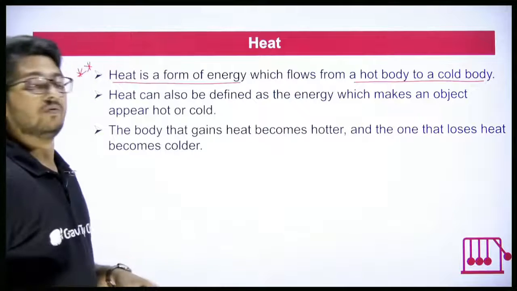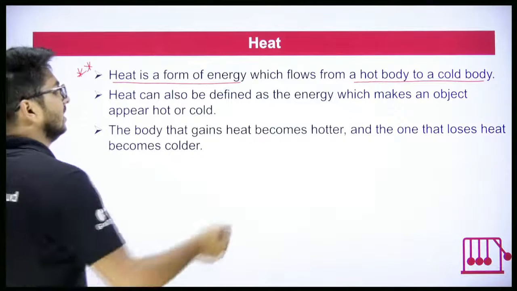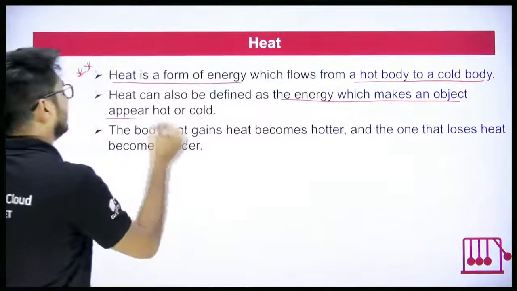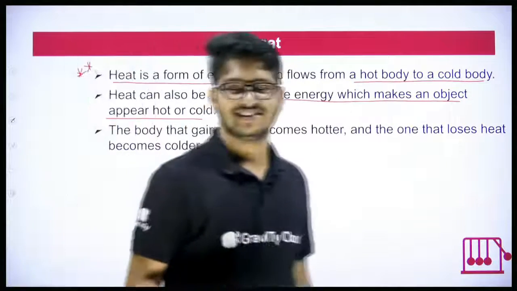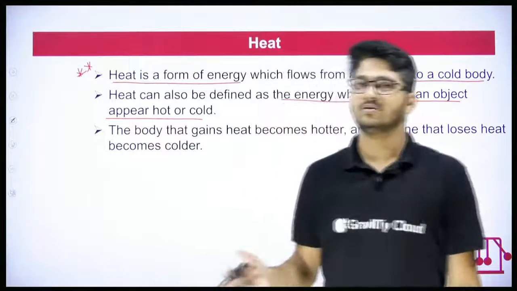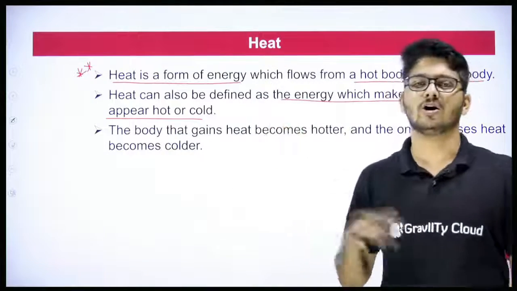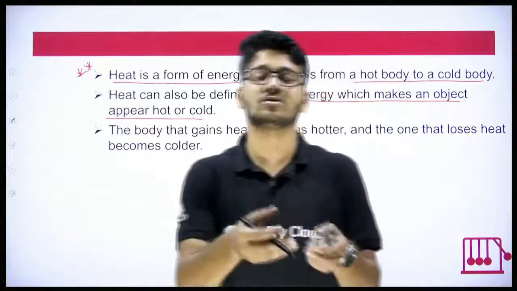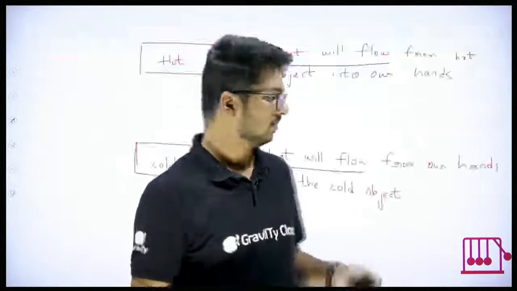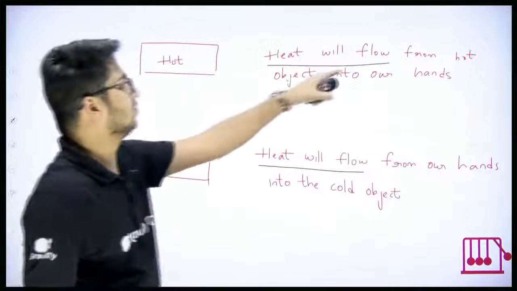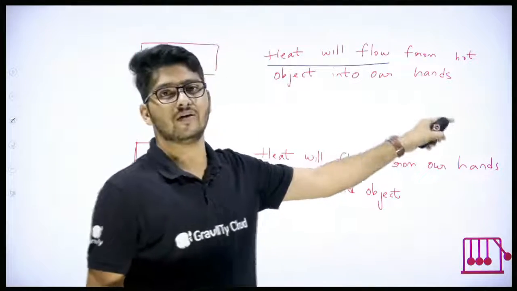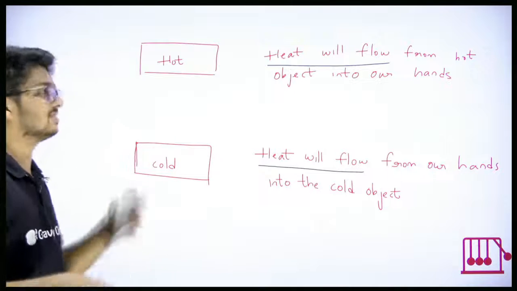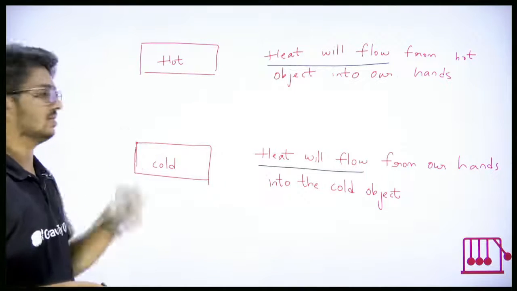Or else, we can also define heat in this way: the energy which makes an object appear hot or cold. Yes or no? Because how do we feel hot or cold? It depends on how the heat flows. If heat flows from the object into our hands, the object is hot.